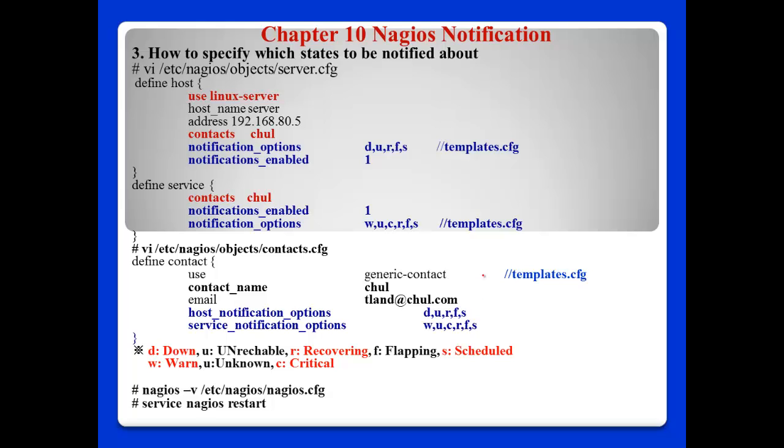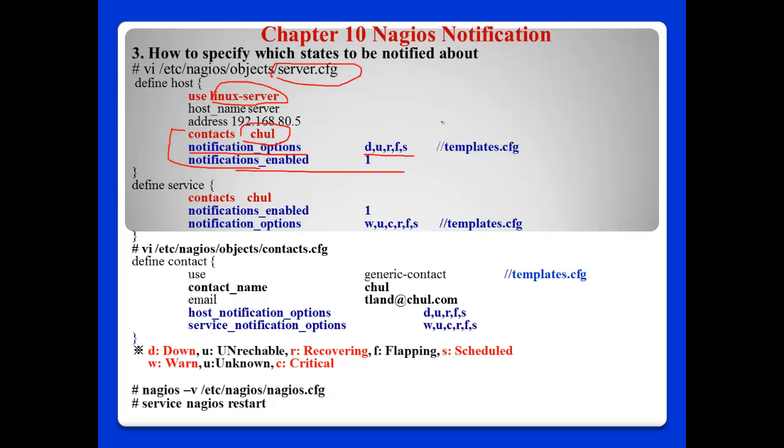Number 3, how to specify which state to be notified. Here, for example, in server.cfg, normally this one will use the Linux-server. This is a kind of template file. Here we can add this kind of configuration. For example, contact name char and notification options DURFS and enable like this.